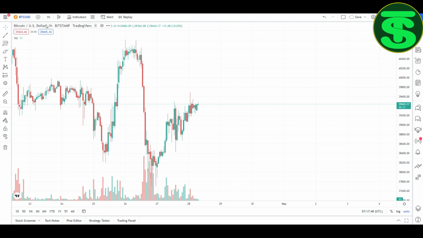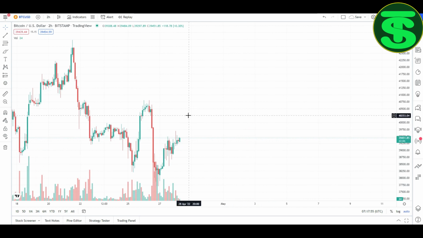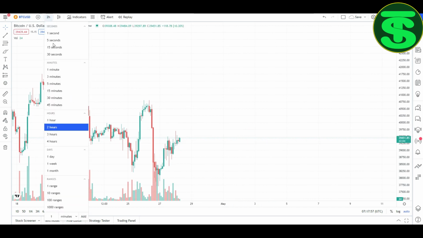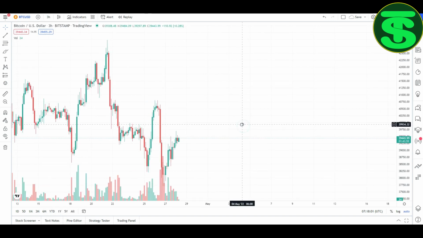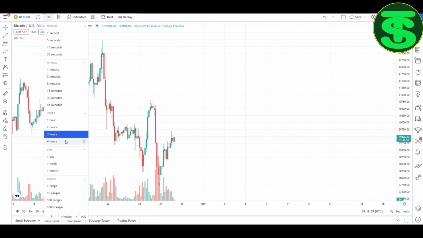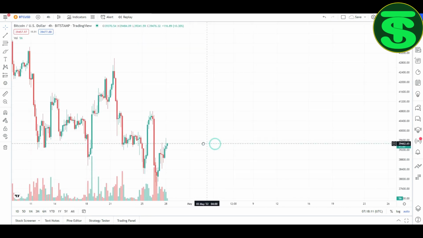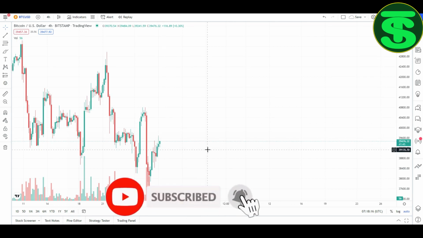If I go to the 2 hour chart you can see this graph is also going up, and if I go to the 3 hour chart you can see this graph is also going up. And now I go to the 4 hour chart, you can see this graph is also going up.